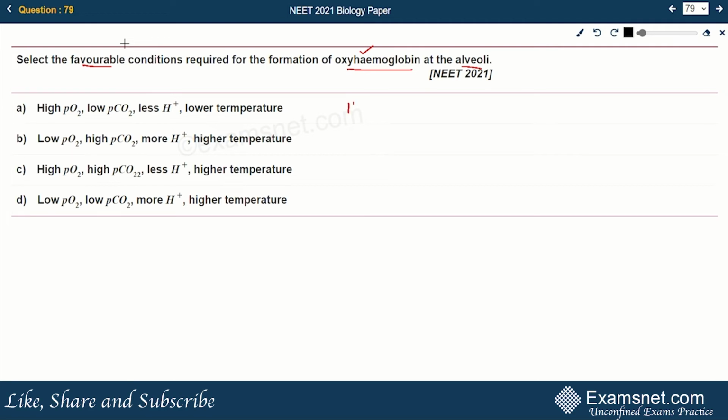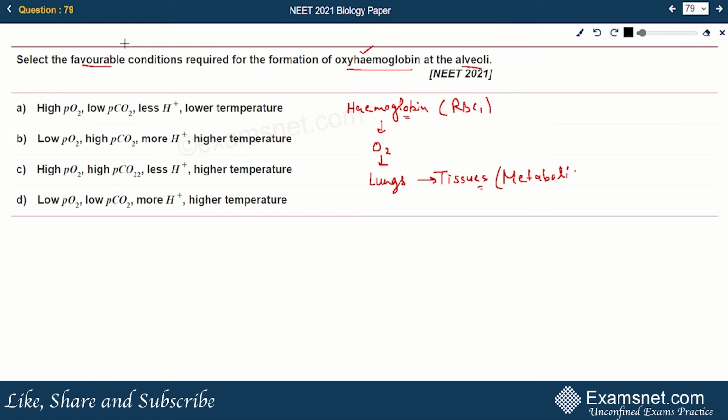Now, what is hemoglobin? We all know that hemoglobin is a red colored iron containing pigment that is present in our RBCs, right? And it helps in transporting oxygen from our lungs to the peripheral tissues. And what is the use of this oxygen? Here in the tissues, it is used to carry out cellular metabolism, which kind of metabolism?